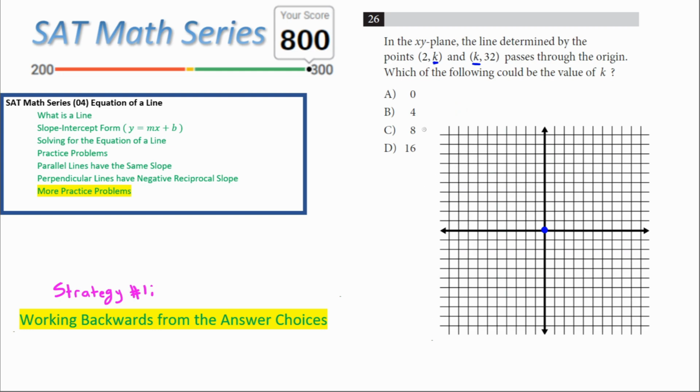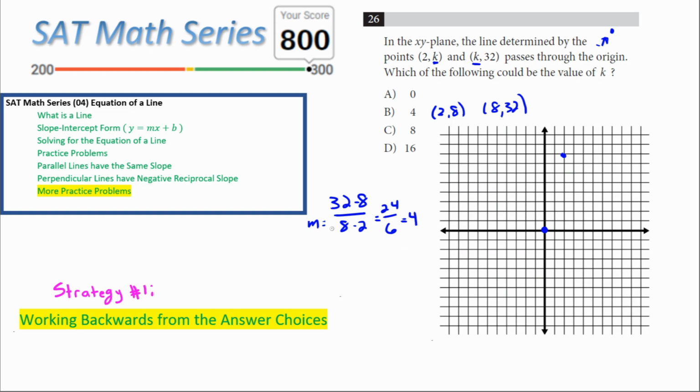The next answer choice would be 8, which means your points are (2, 8) and (8, 32). And (2, 8) would be here, and (8, 32) is going to be way up there. But let's actually get the equation of this line and check it. This would mean our slope is 32 minus 8 over 8 minus 2, which is 24 over 6, which is a slope of 4.